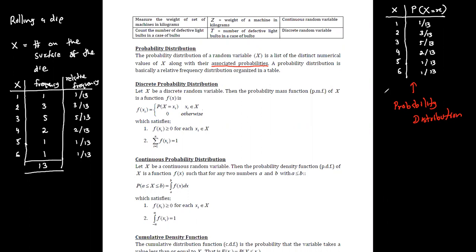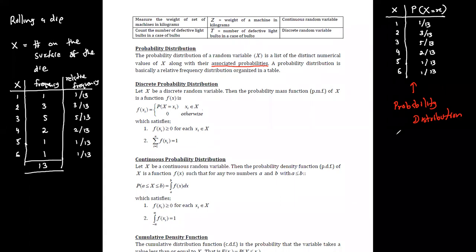Therefore, when we are obtaining a probability distribution, generally we can show it in a tabulated form, or sometimes we represent it in function form. When I discuss discrete and continuous probabilities, I will discuss some examples related to that as well.